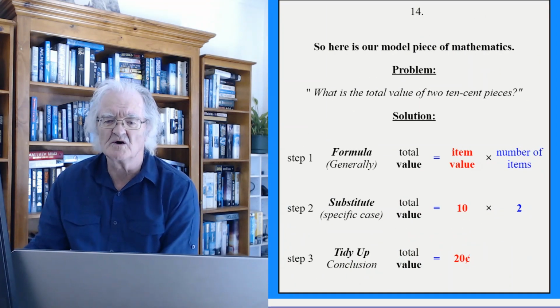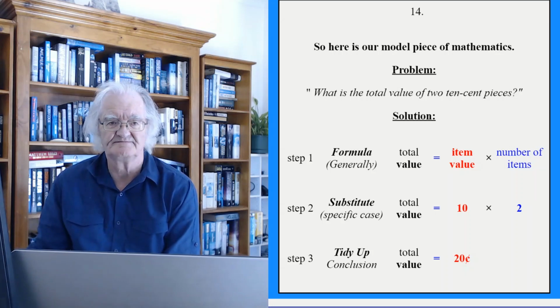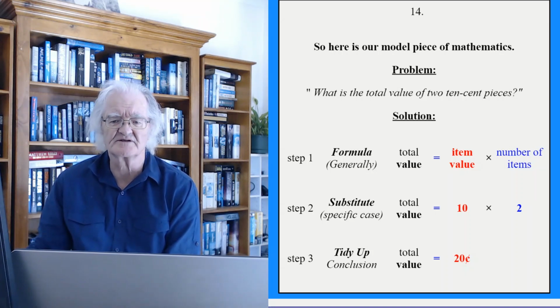So here is our model piece of mathematics. Our problem is, what's the total value of two 10-cent pieces? And our solution, step 1, write the formula, which is a general description of what's happening. Total value equals item value by number of items.